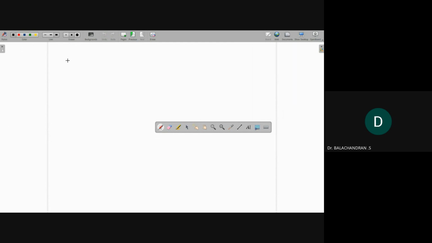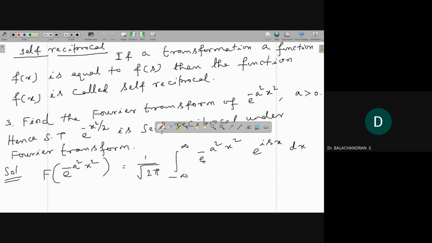1 by root 2 pi, integral from minus infinity to plus infinity. So I'll take minus common.